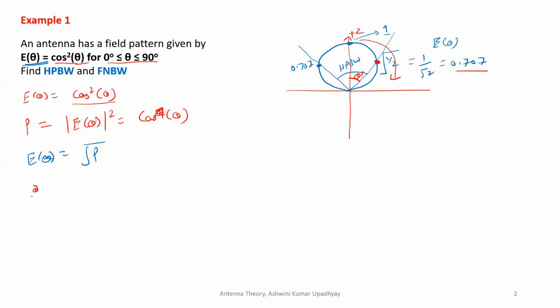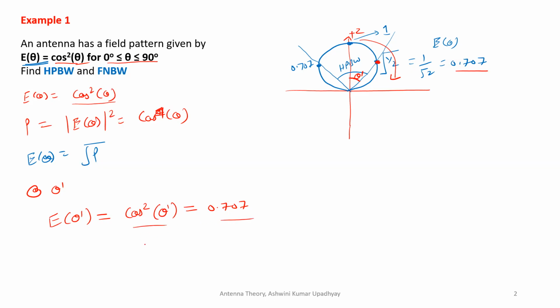So I'm writing it as at theta dash, E theta dash, which is equal to cos square theta dash, will be equal to 0.707, right? So now calculate this.